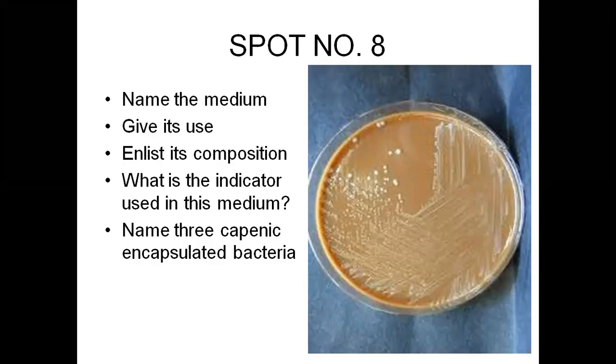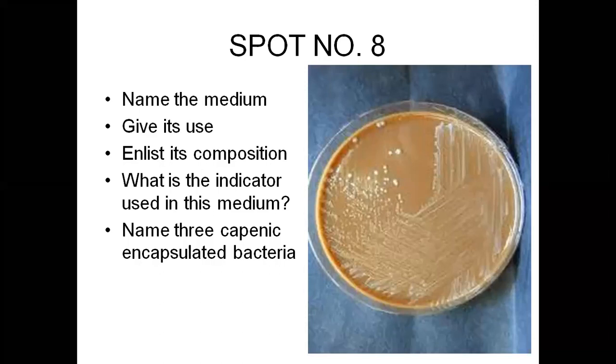Capnic are carbon dioxide loving bacteria. And list the composition of this agar. This is a nutrient agar with blood and with heating. The name chocolate is because of the color of this agar. So what is the indicator used in this medium? There is no indicator used in this medium because the colonies we are identifying have their own specific characteristics. Name three capnic and capsulated bacteria.